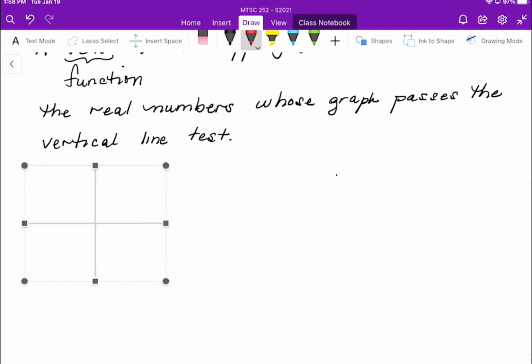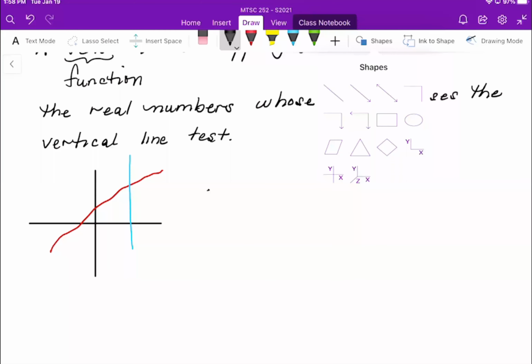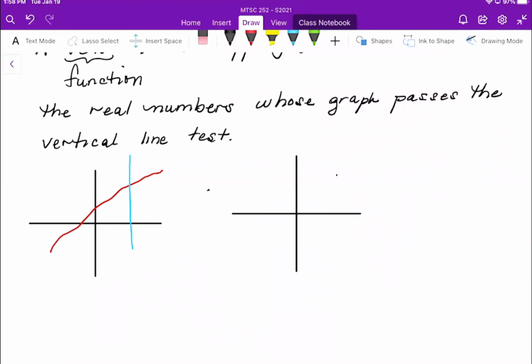Okay, so we know that if we have something that looks like this, that's going to pass the vertical line test. Whereas if we have something that looks like this, this is going to fail the vertical line test.